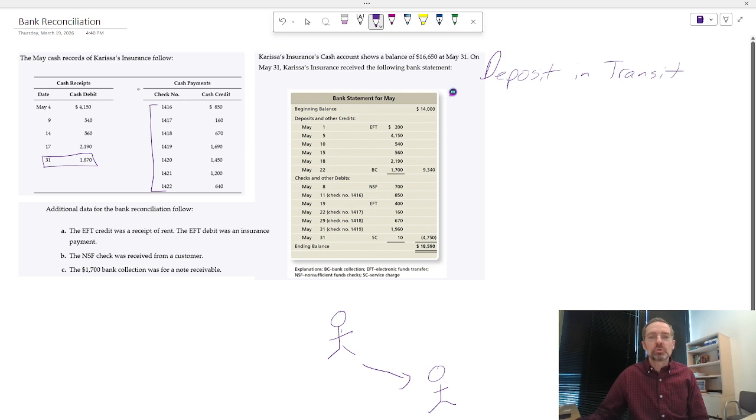And to get the money from that check, what does your friend have to do? Your friend goes to the bank. And this is their bank, right? Not your bank. Now, they give the check to their bank.